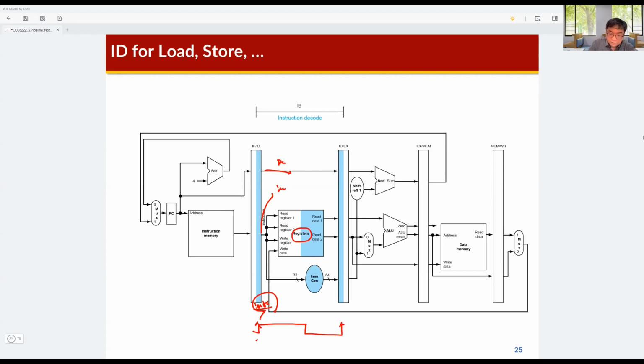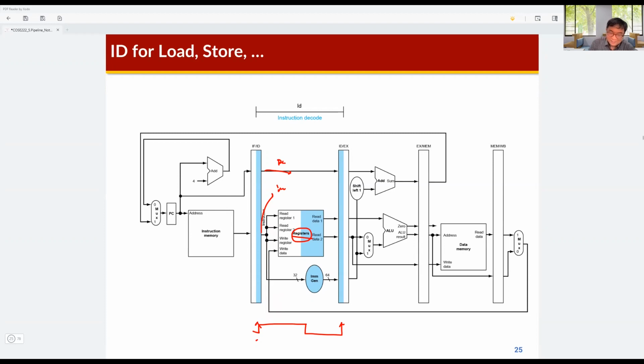And then the instruction is decoded, and the decoded fields are given to the register file, like read register 1, read register 2, and so on. Also the write register can be delivered. It's given to the register file.